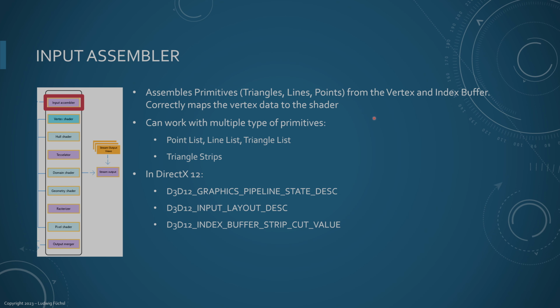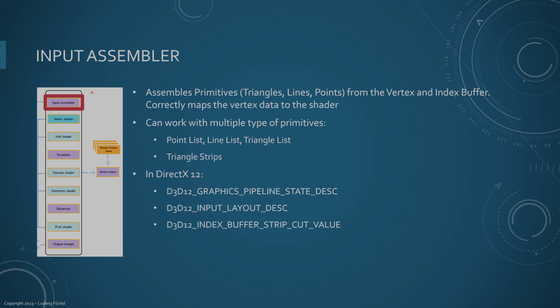Now, let's go into the pipeline and take a look at all of the parts step by step. We're going to start with the input assembler, and the input assembler is doing exactly what the name suggests. It is assembling the input. In general, it assembles primitives out of the vertex and index buffer. We talked about how we are converting all of our triangles to vertices and indices, with all of the vertices stored in the vertex buffer. The general idea of the vertex buffer is vertex 0, 1, 2 until vertex n-1.